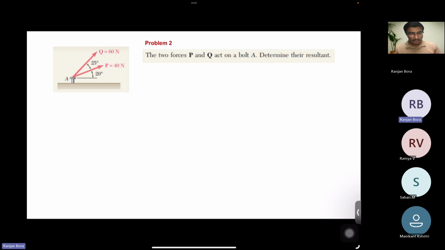Next, there is one more problem related to these rectangular components of force along the x and y. So please try to solve it. If you can, then I will help you solve the problem. There are two forces P and Q acting on a bolt A, and we need to find the resultant of those forces. Force magnitudes are given and angles are given. Along this is the x, and along this is the y.